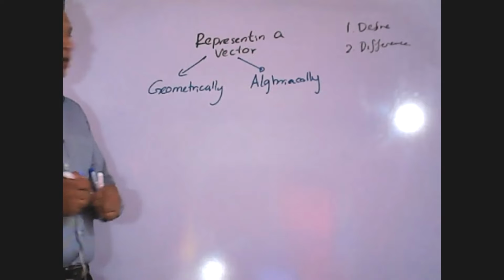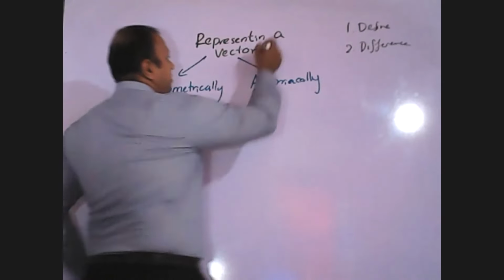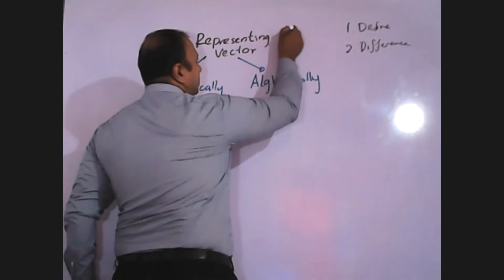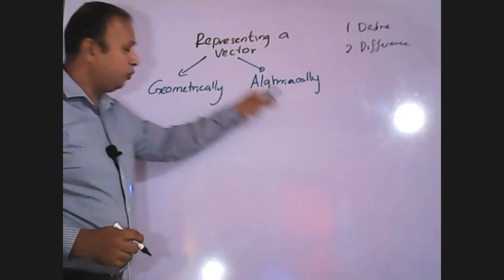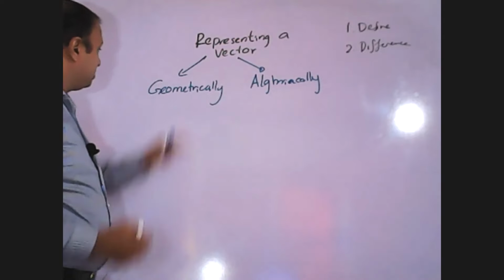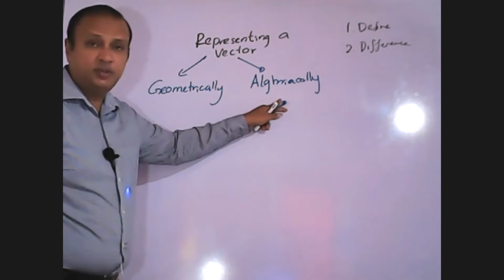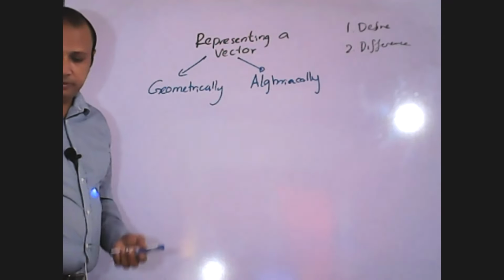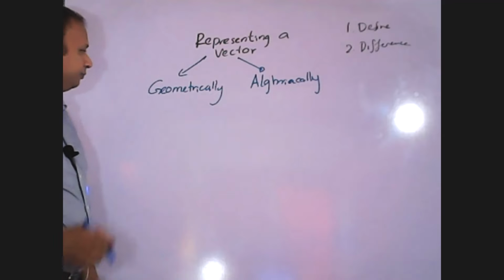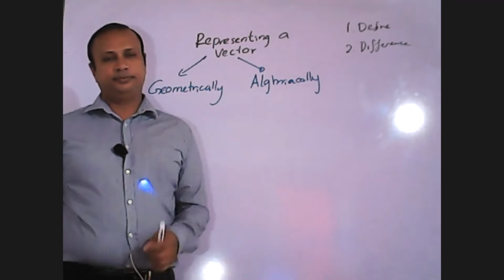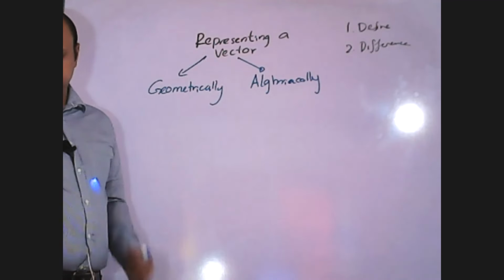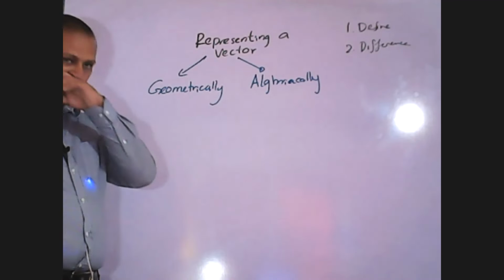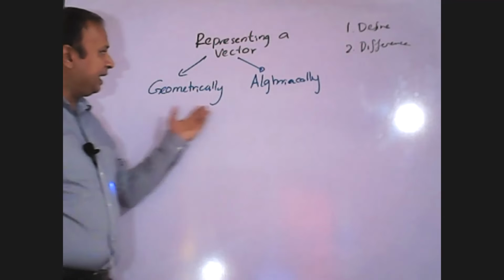Okay, you can write this one. Representing a vector can be done in two ways. The first one is the geometrical way, the other one is the algebraic way.